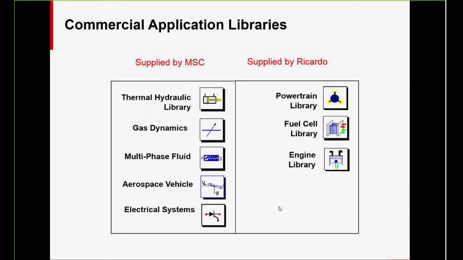There are a number of commercial application libraries which are available for Easy5. MSC supplies a thermal hydraulics library, which we'll be discussing further in the presentation. Also, a gas dynamics and pneumatics library, a multi-phase fluid library for modeling refrigeration and cryogenics, an aerospace vehicle library for modeling airplane control surfaces and airplane flight, and an electrical system library for modeling electrical power systems.